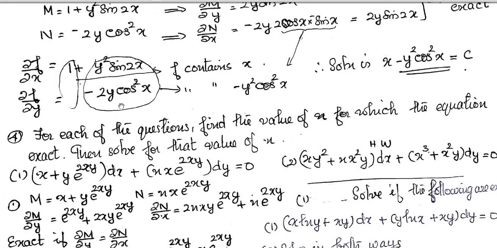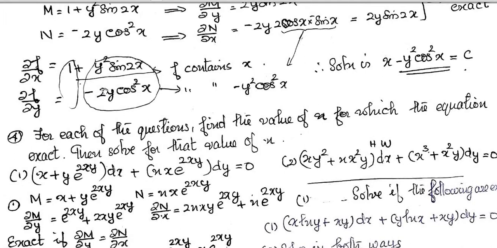And see the next two terms in these two expressions. There is an unknown function whose derivative with respect to x is y² sin 2x, and the same function should give us, while differentiating with respect to y, minus 2y cos² x.